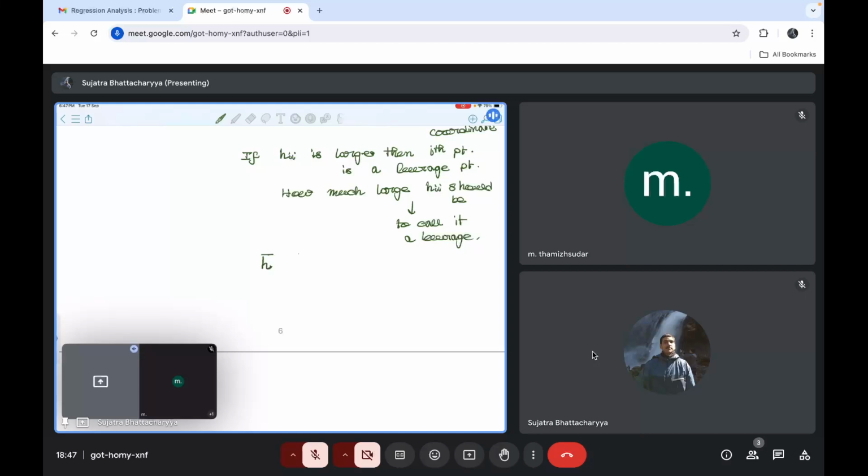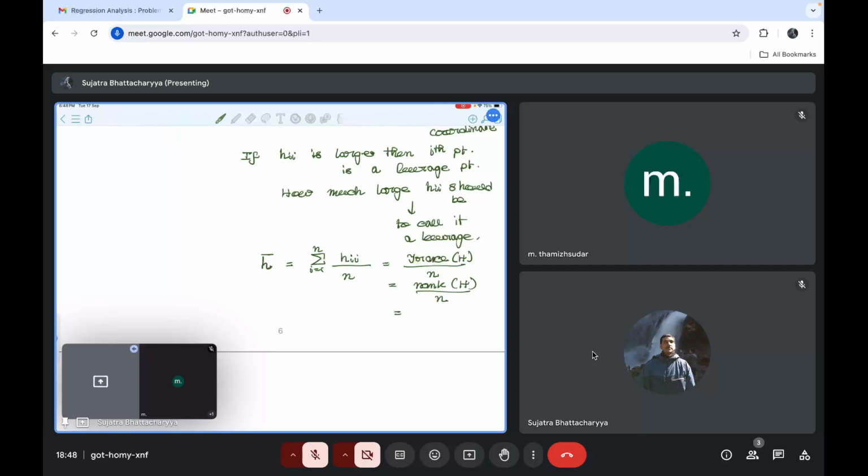So there is a criteria, that is H bar, which is nothing but adding all the observations of HII, that is, adding all the diagonal elements, divided by n. So it's a mean kind of criteria. Adding all the diagonal elements means nothing but trace of H divided by n. Sometimes this is also called rank of H divided by n.